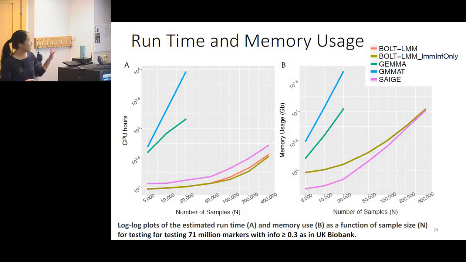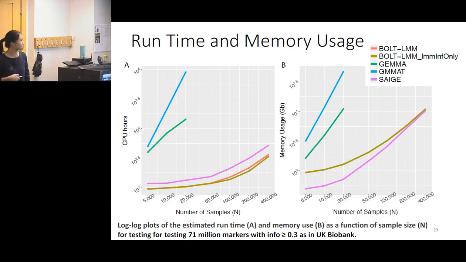Let's look at the runtime and the memory usage for SAIGE and compare to BOLT-LMM. GEMMA is another linear mixed model method, and GMMAT is a logistic mixed model method without any optimization strategy. Figure A here shows the CPU hours as the number of samples increases. We can see that for GEMMA and GMMAT, the computation time increases dramatically, and this is on a log scale.